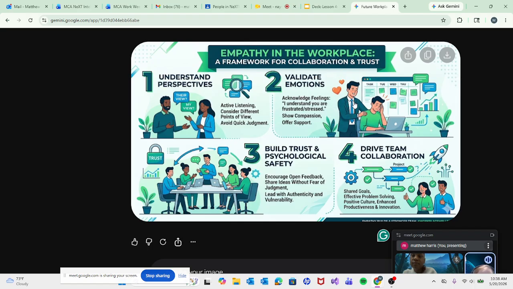The hearts make it seem like this might not be an appropriate workplace thing, so it might need to be edited on the image. Okay, I see that it's trying to show emotion. Okay, trust, drive team collaboration. Okay, I didn't notice a misspelling.